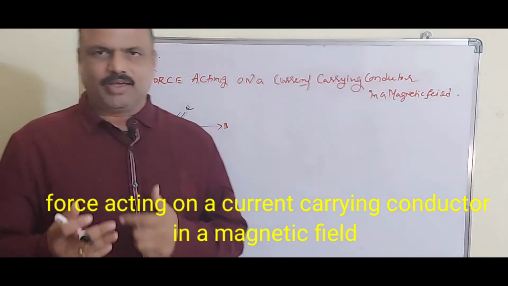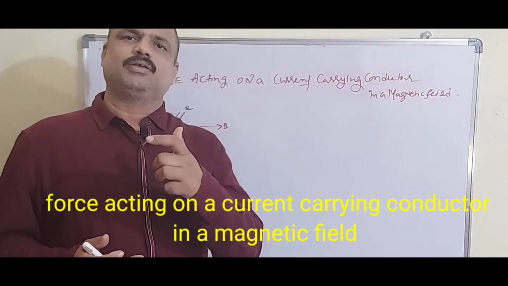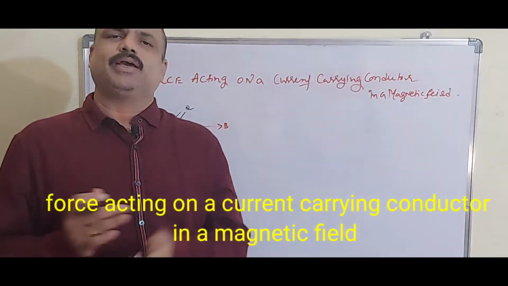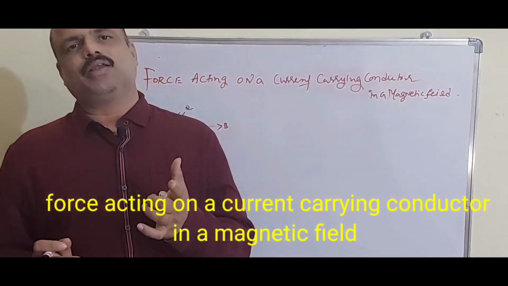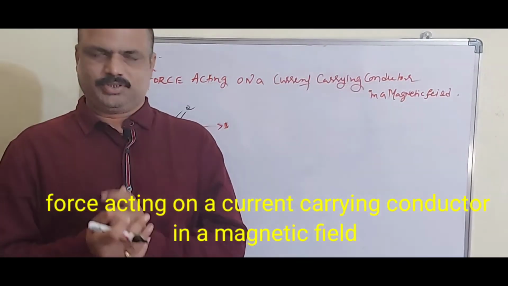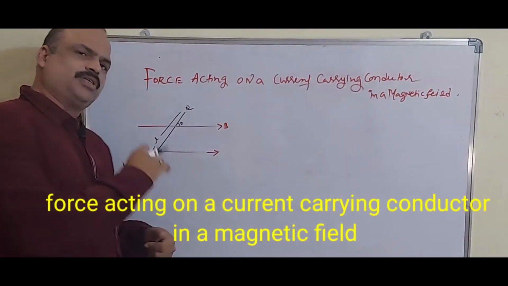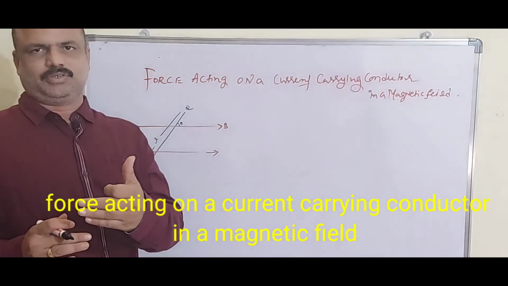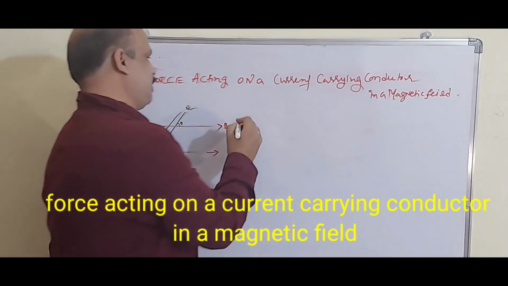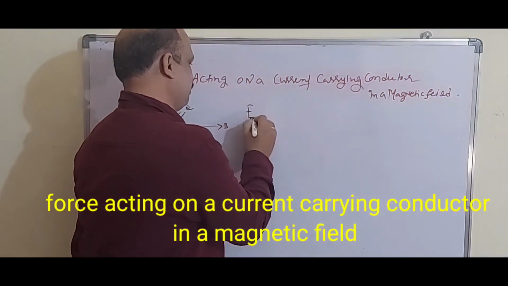We know that whenever a charge moves with a velocity v in a magnetic field, it definitely experiences a magnetic force. So here every charge experiences a magnetic force. How much magnetic force is experienced by that charge?